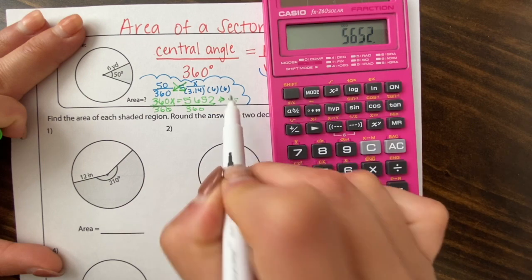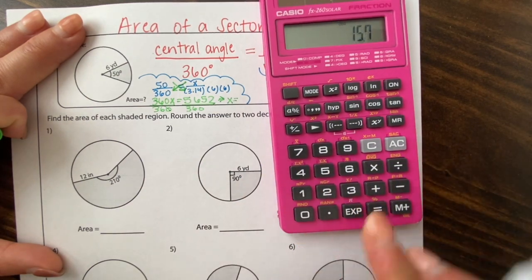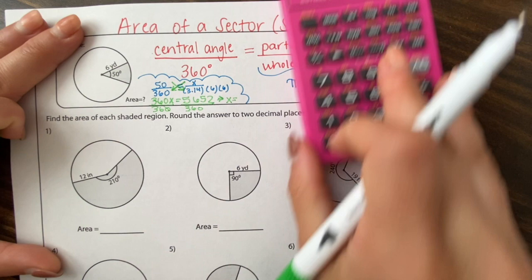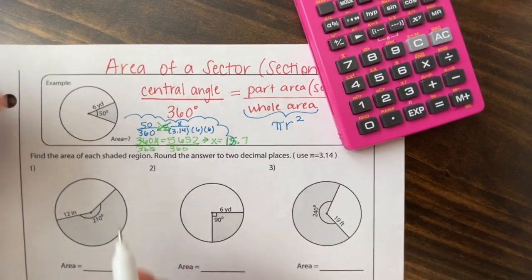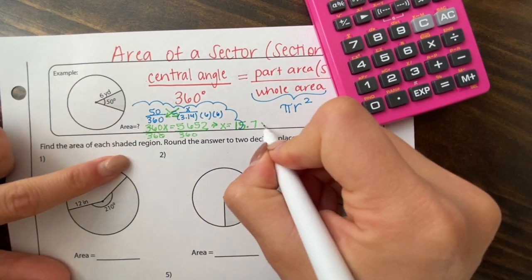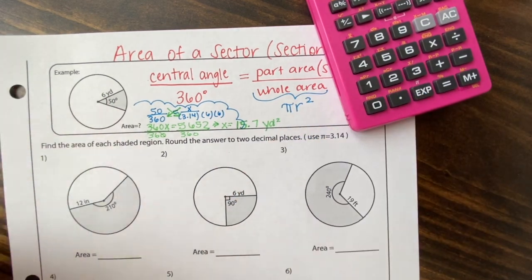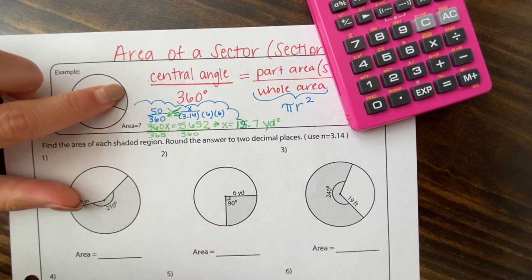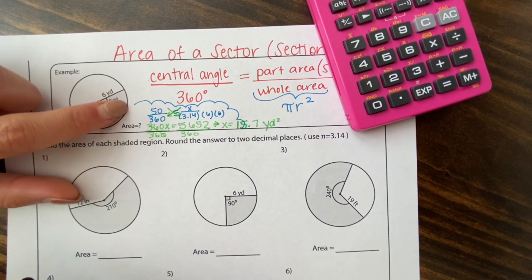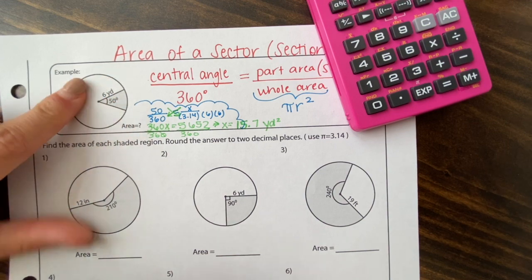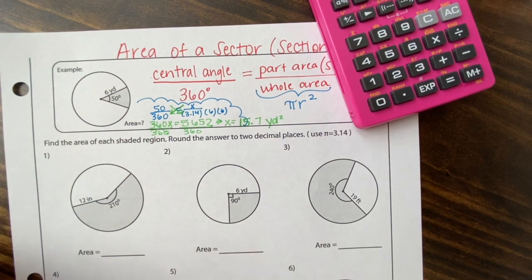So x equals 15.7. We're talking about yards here, so square yards, or yards squared, because remember it's not a singular distance. When we were talking about arc length, it was one line, which is one-dimensional. Area is two-dimensional, so you need that little squared there.